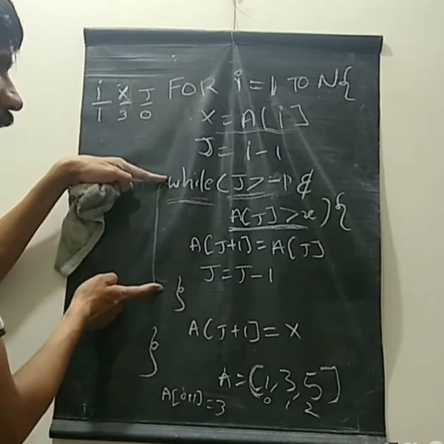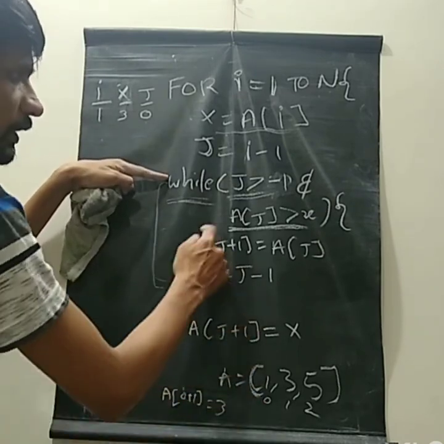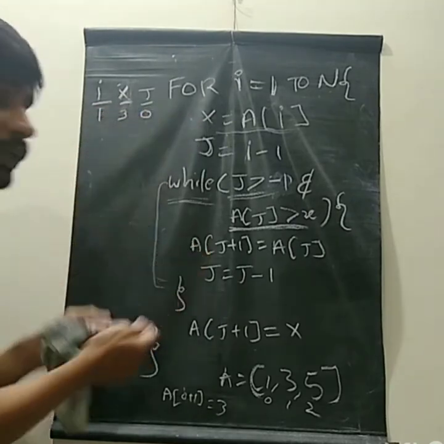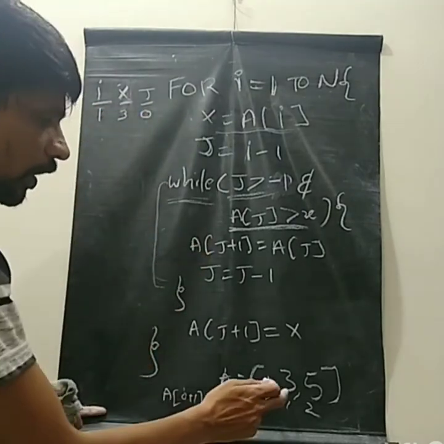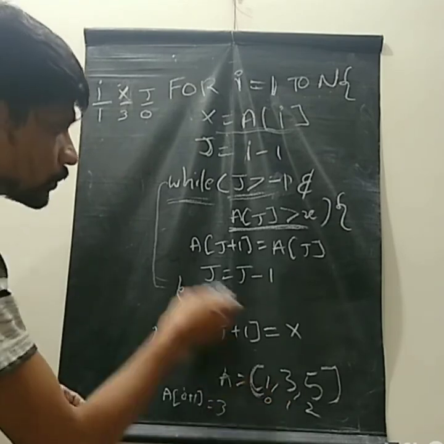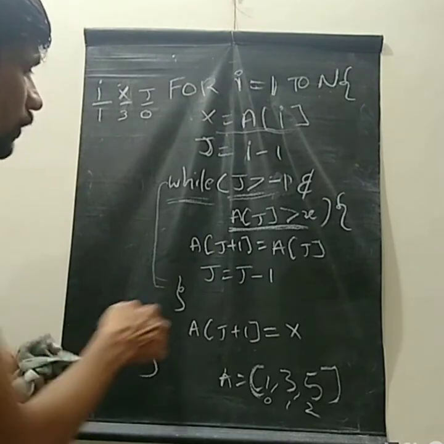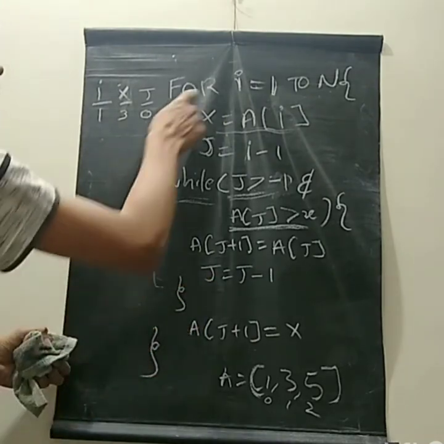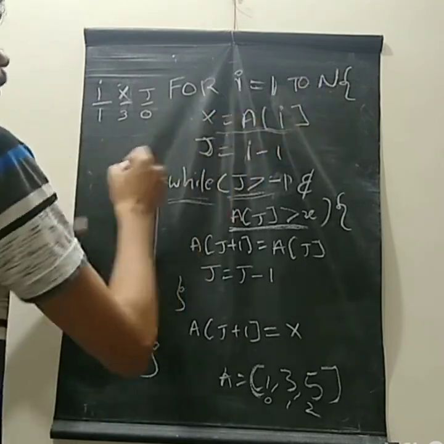Because if this condition is satisfied, then we use it like a temporary variable for swapping purposes. In this case 3 is already there, so we keep 3 in that place only, because there is no need for swapping. Now my while loop ended and this statement got executed, and now my i value increments.